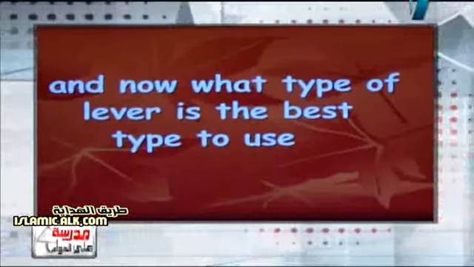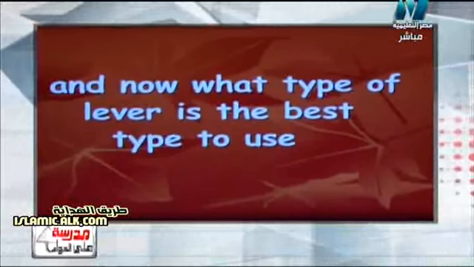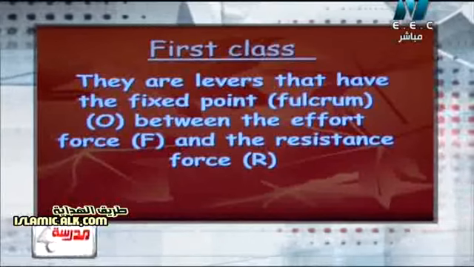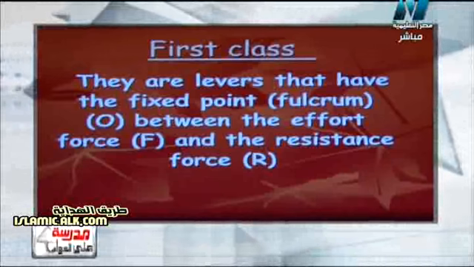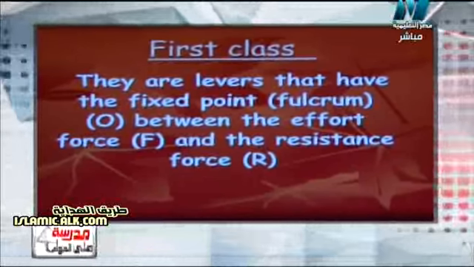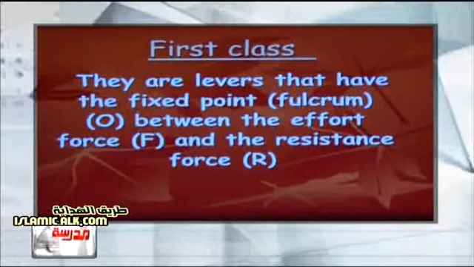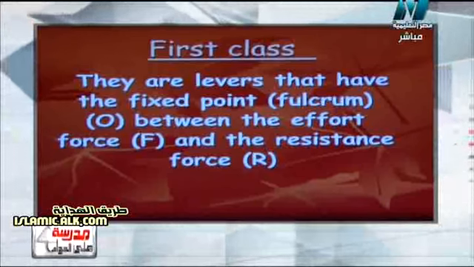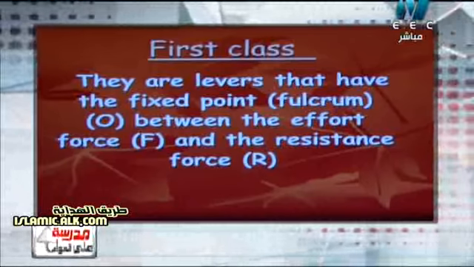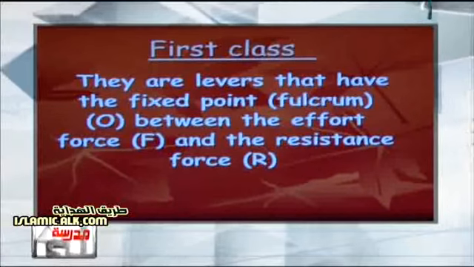So now what type of lever is the best type? We have studied first class, second class, third class. Surely it will be the second class, because in the first class lever the effort force arm may be equal to, longer than or shorter than the resistance arm, so it sometimes saves effort.